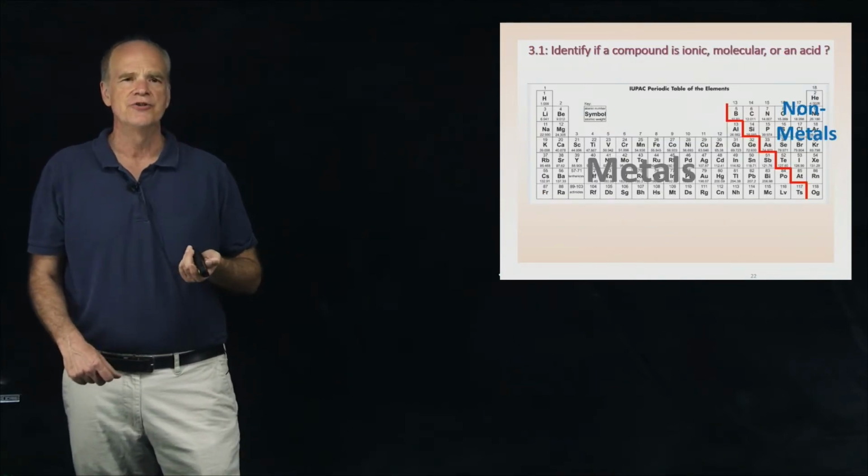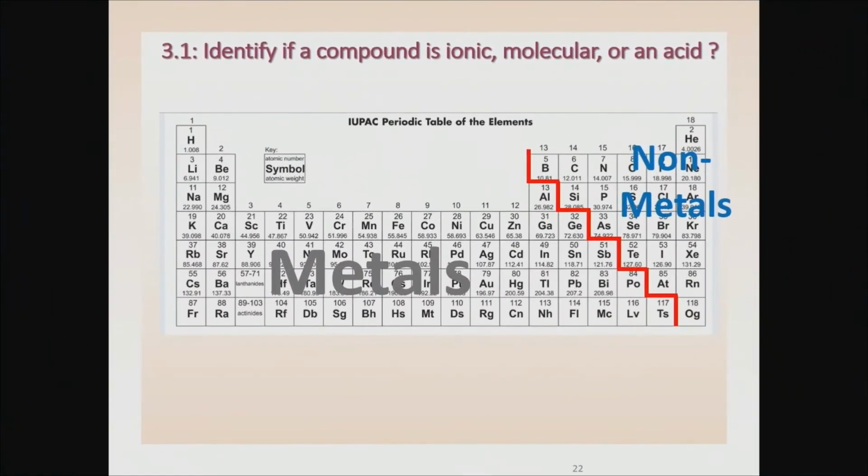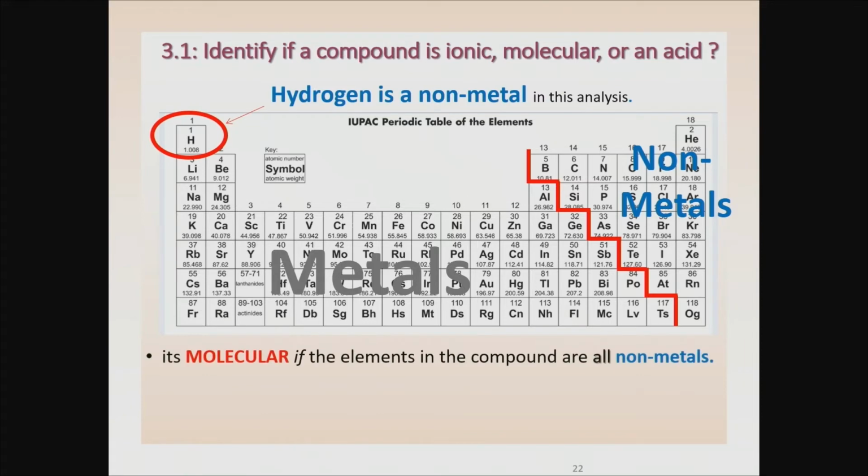Okay, so the first thing I need to go over is you need to learn how to figure out whether a compound is either ionic, molecular, or an acid. And so let me show you how to do this. So the basic idea is this. You have a molecular compound if you find that all the elements in the compound name or formula are all nonmetals.